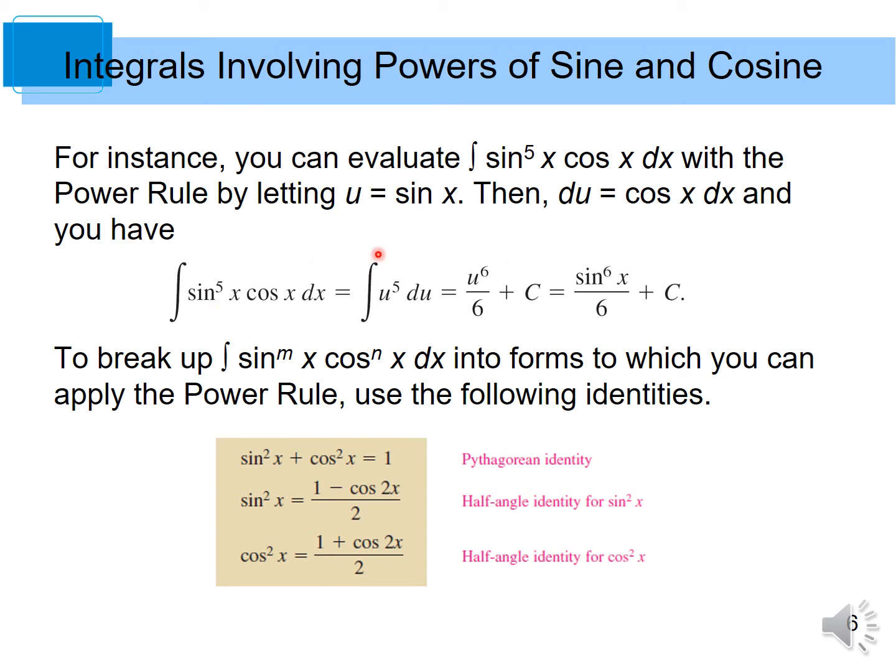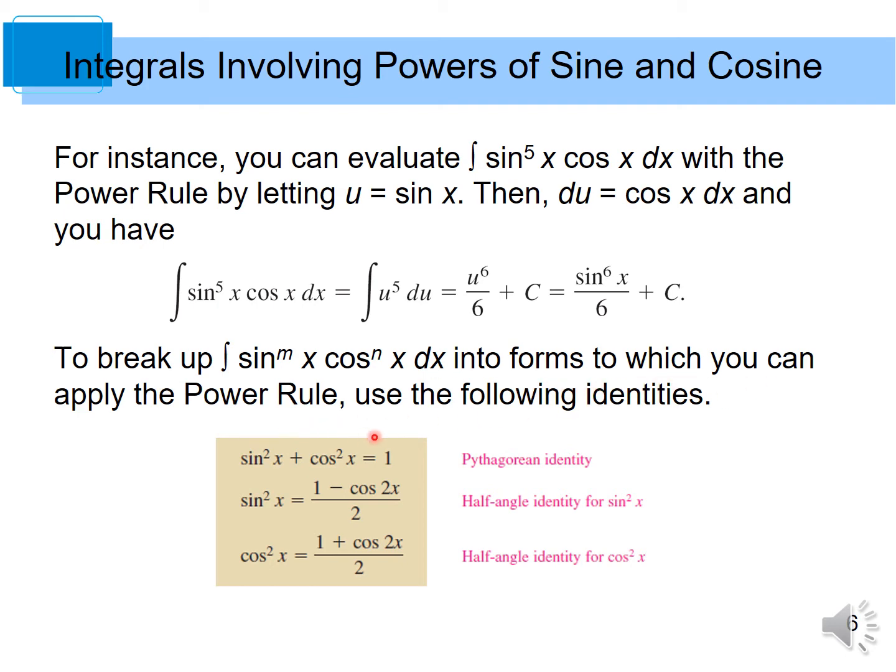In this case, we can use the change of variable method because the order of the cosine is only 1. It's the first order. But if there are powers for both sine and cosine, we should break up this form into something to which you can apply the power rule.